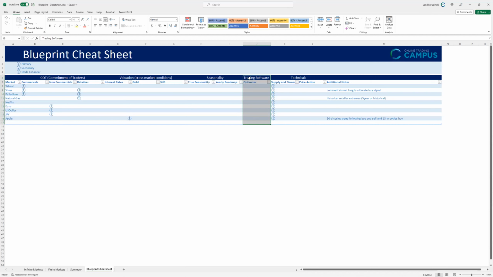So with the trading software, the optimizer, you'll have a third way of getting into those markets. So you'll have supply and demand, and then you have the trading software, and this will be more towards timing, okay, timing the market.